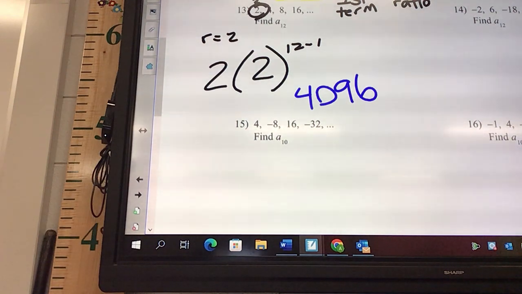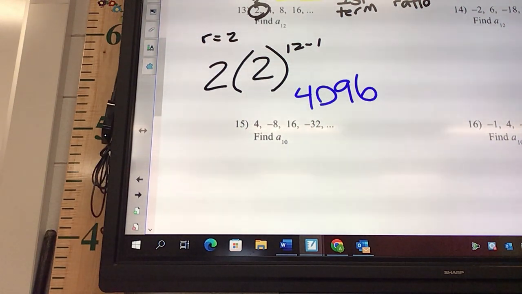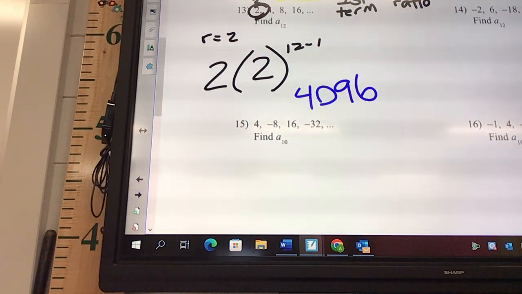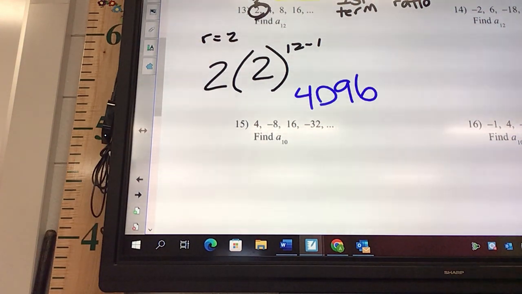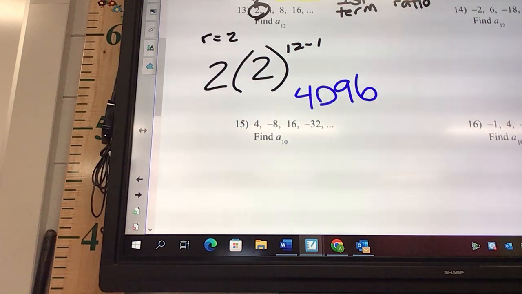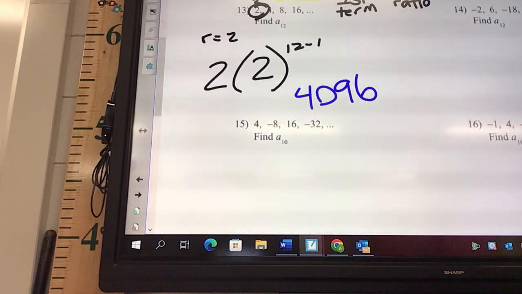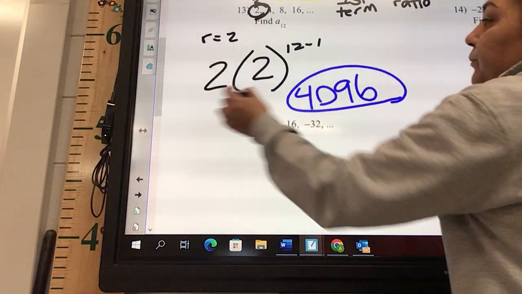You can do 11, yeah. Anybody else need help? And that's it. We found the 12th term.